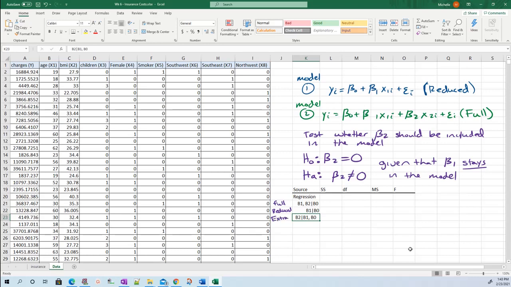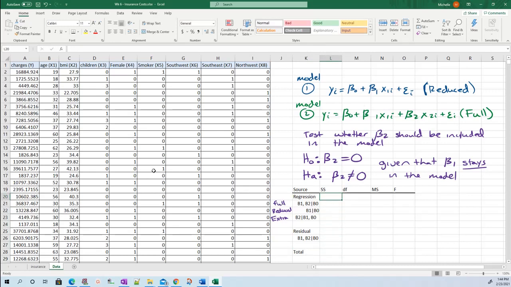Then we also need the residual. I only need the residual for the full model. And then I will have total. So I'm going to need to run all these models.